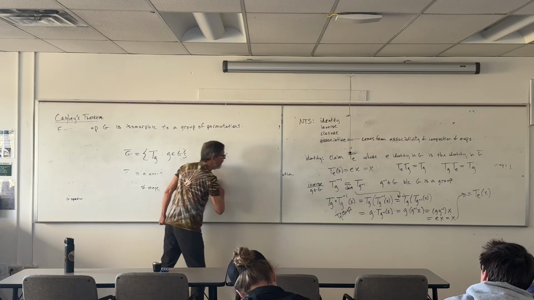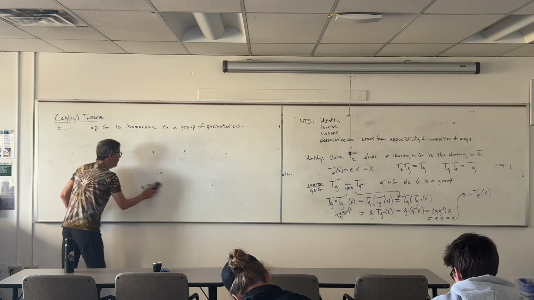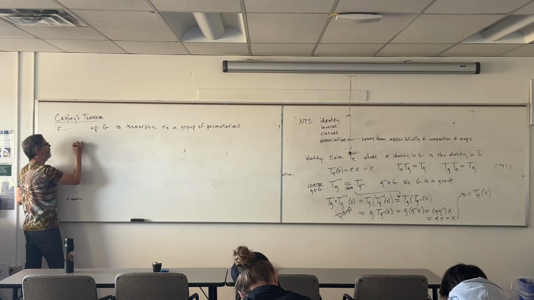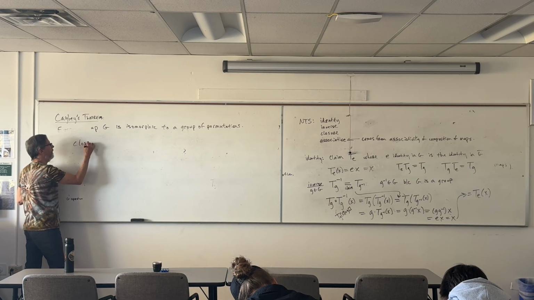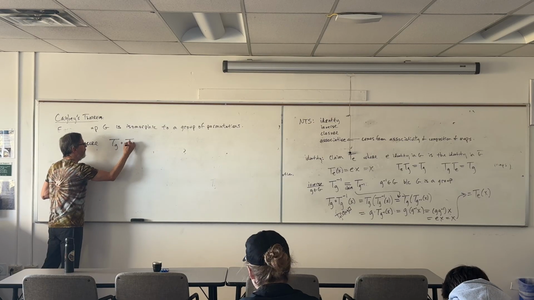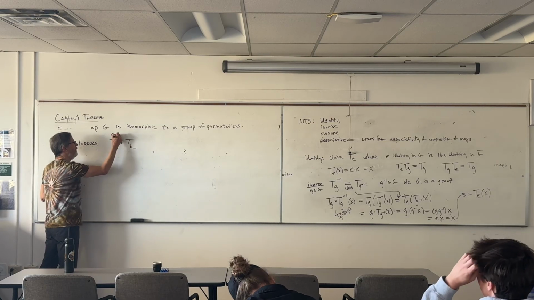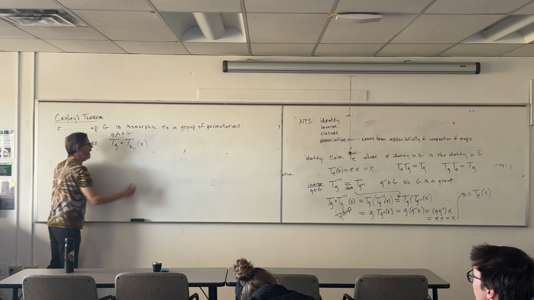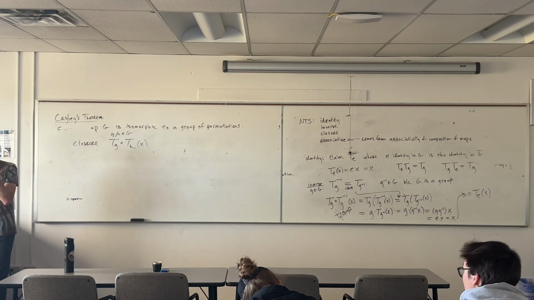All right, and now we just got to do closure. Could you try this? So closure, I'll get you set up. We've got T_G composed with T_H, and G and H are elements of G. Let's do that of X. What's that going to look like?